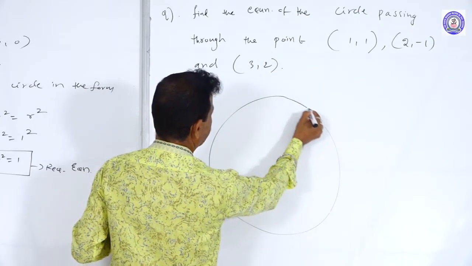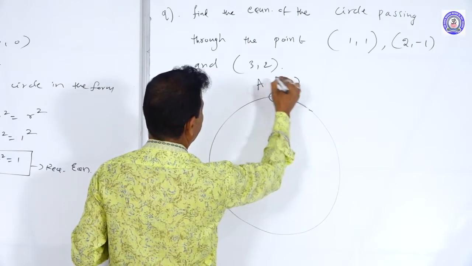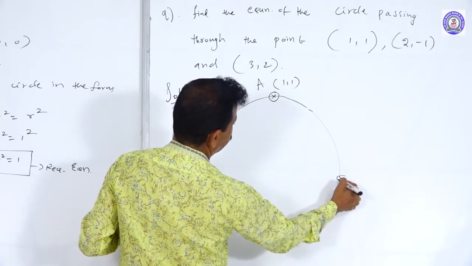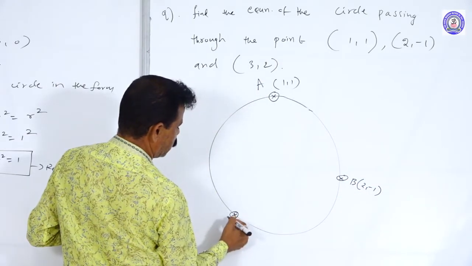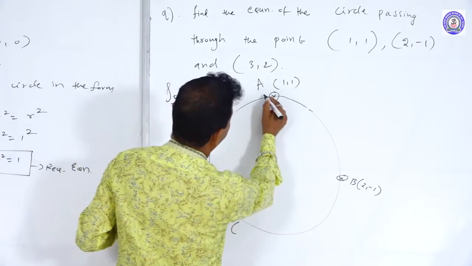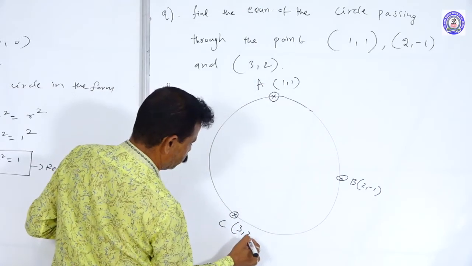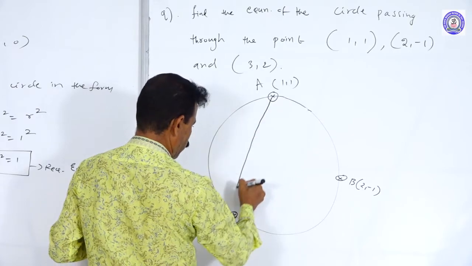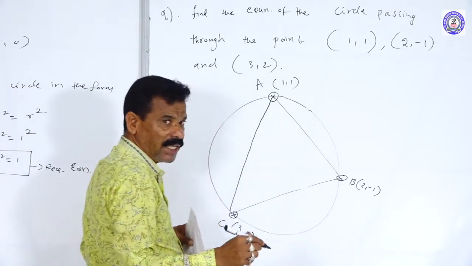This is the required circle. One point, let us say here 1 comma 1, is the A point. Suppose B is here 2 comma minus 1, C is here 3 comma 2. So these 3 points form a triangle ABC. This is the circumcircle.